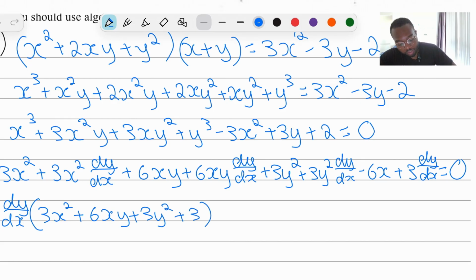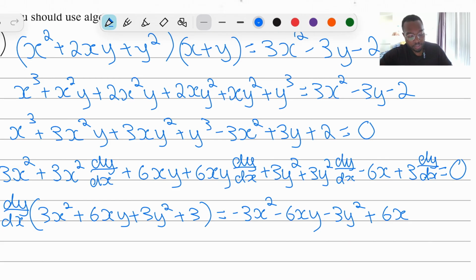Okay, that's all of our dy over dx terms. And all of our non-dy over dx terms we'll just bring to the right side of the equation. So that would be a minus 3x squared. And then our next value is 6xy, so a minus 6xy. Then with that 3y squared, so a minus 3y squared. And then with that minus 6x, so it's a positive 6x.